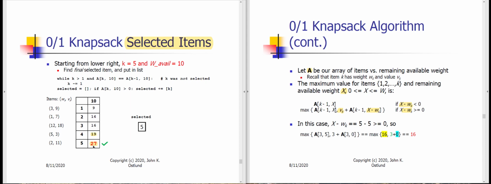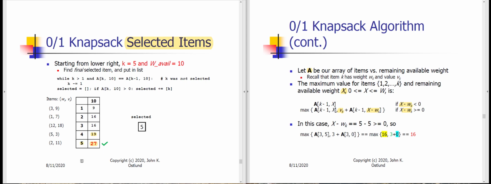Okay, since 27 that we get by using items 1 through 5 is greater than 19, which is the maximum that we can get for using items 1 through 4, that implies that in that final maximum, we must have used item 5, right?